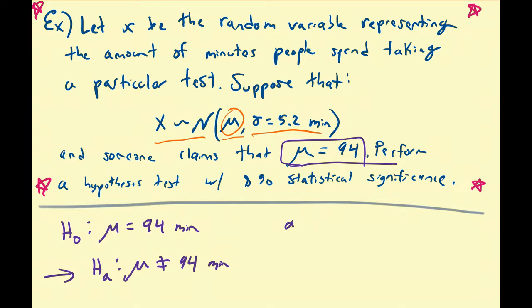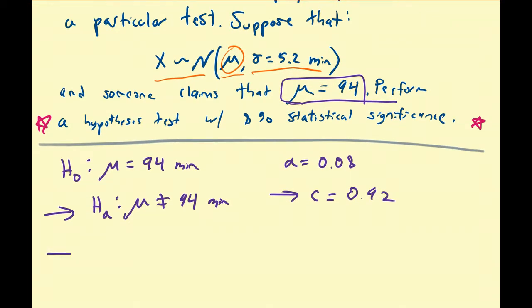It's also given to us that we must operate under a statistical level of 8%. That implies that our level of confidence is going to be 0.92. We know that sigma is known to us, namely it's 5.2 minutes. So let's see what we can do.